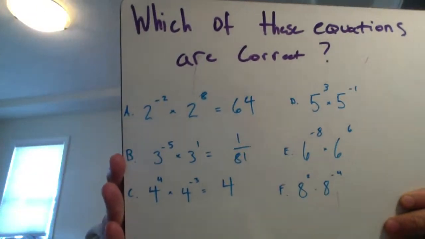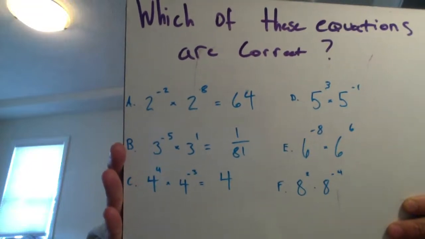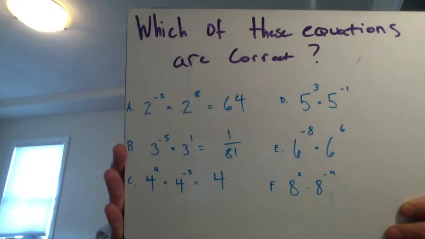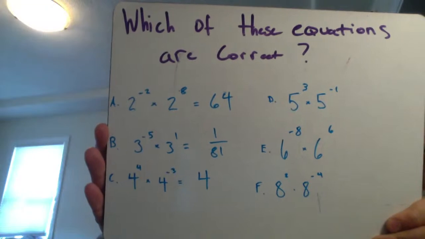Ready? Okay, so we're going to check if all of these answers are equivalent. So 2 to the negative second power times 2 to the 8th. Well, if we look at that, we use a product rule. And we say that 2 to the negative second power times 2 to the 8th power is 2 to the 6th power.